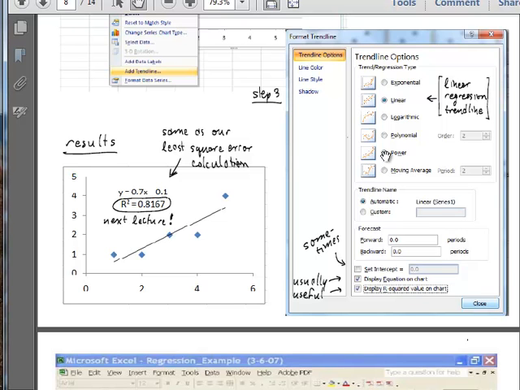And a couple of options down here are useful. You can display the r-squared value on the chart. We will learn that r-squared value is actually the square of the correlation coefficient between x and y. The closer it is to 1, the more perfectly correlated these two variables are. We also find that what's often useful is to display the actual best fit equation on the chart.